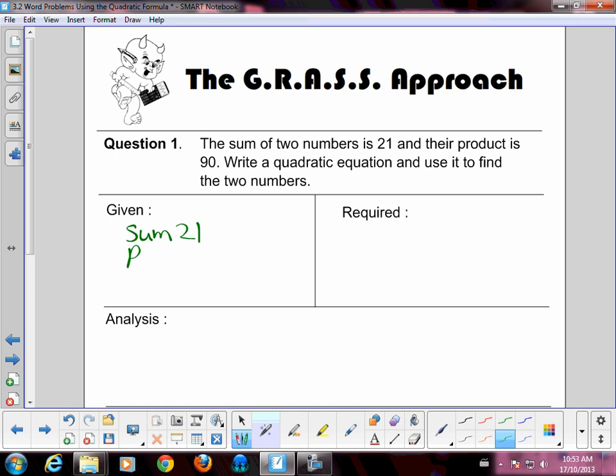We're told that we have a product, and that product is 90. We're not given the two numbers; we have to solve for two numbers. So required would be, they want us to make a quadratic equation, and they also want us to find the two numbers.